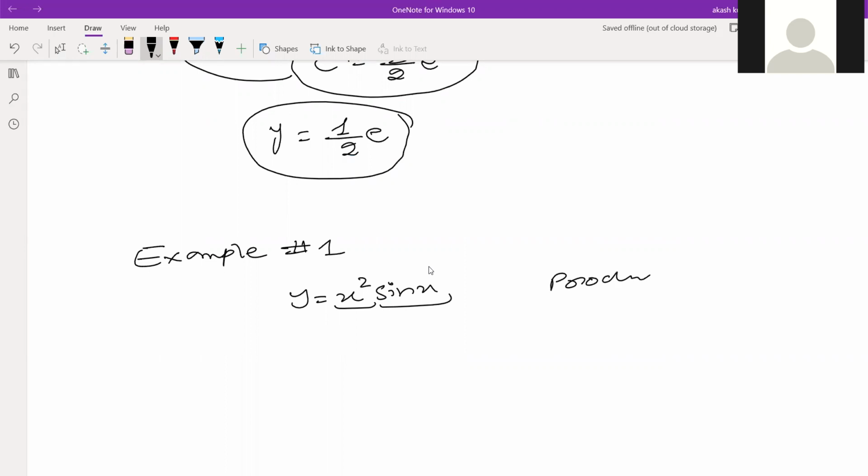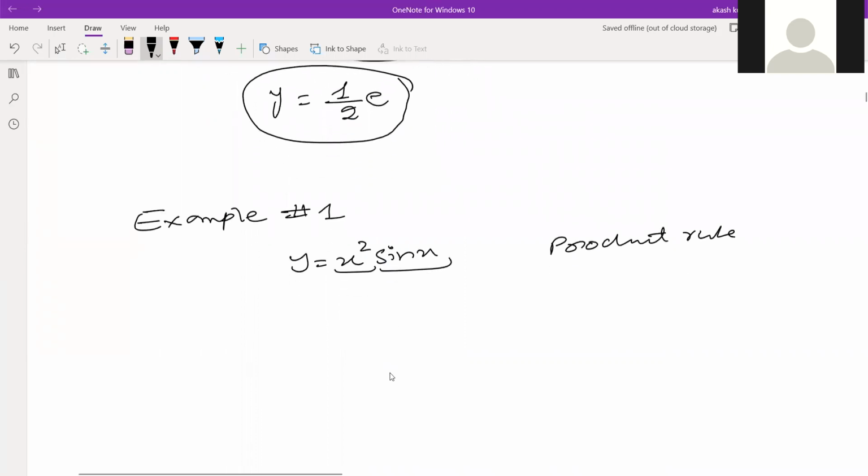Okay, and now we know the derivative of sine x, we know the derivative of x square, and we know the product rule. So we are confident enough to get the derivative of the y function. So dy over dx, we can write f dash of x, right? Yes, dash represents the first derivative, and if there's a second derivative, there will be a double dash here.